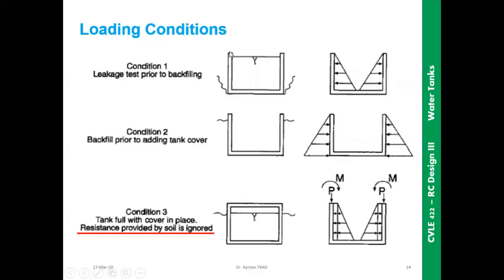So we have here an example of an underground water tank. I ask myself at the beginning, as a structural engineer, what the load conditions to take into consideration will be. I have to look at this water tank throughout its whole life, from when I start construction until I hand it over and its service ends, and see what stages it will go through, so that I can design taking into consideration all these load conditions. I have to know that when I hand over the water tank to the client, there is something called a reception test.